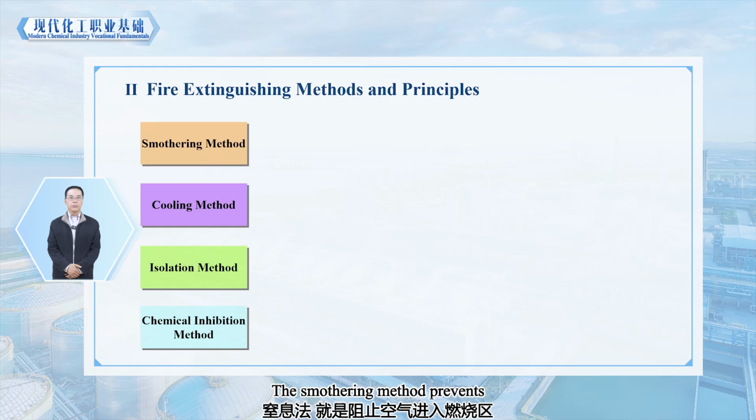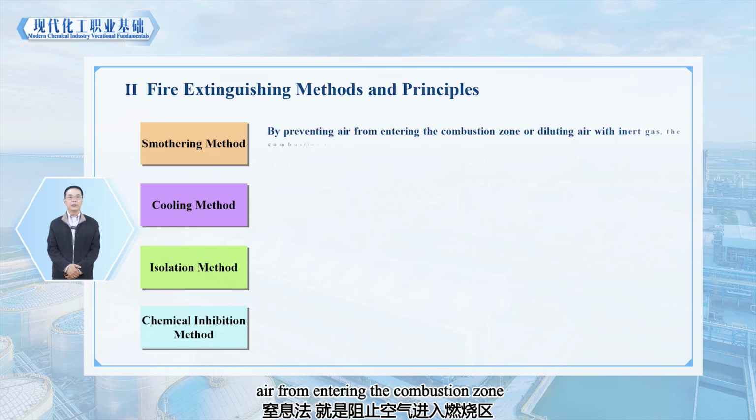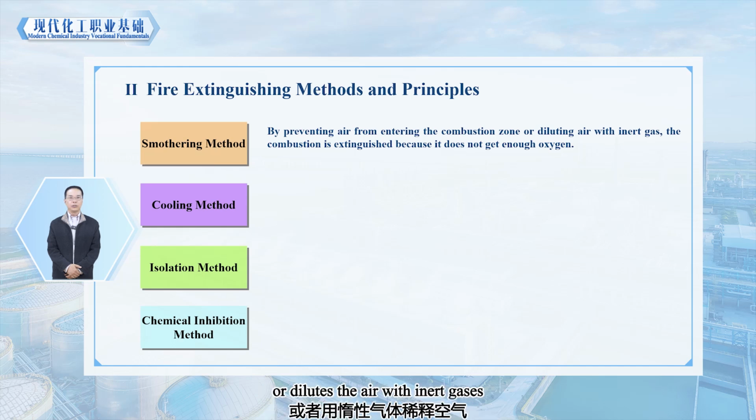The smothering method prevents air from entering the combustion zone or dilutes the air with inert gases so that the fire is extinguished due to insufficient oxygen.